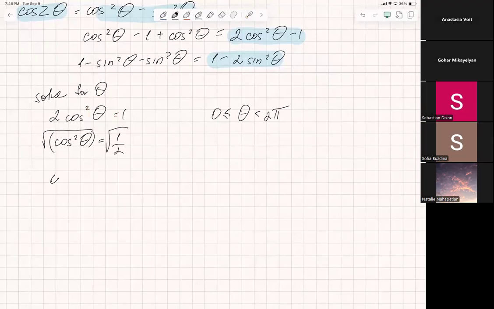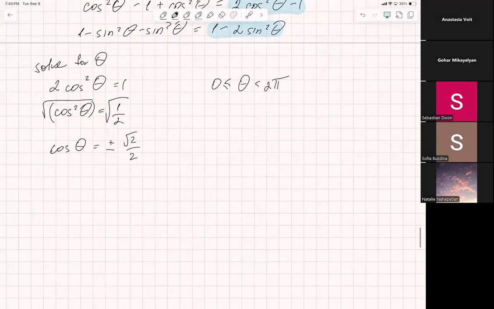So I have cosine theta equals plus minus square root of 2 over 2, all right? Now, I need to recall for what theta my cosine is equal to square root of 2 over 2. So if you recall the unit circle, right?